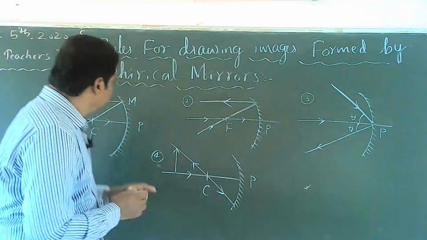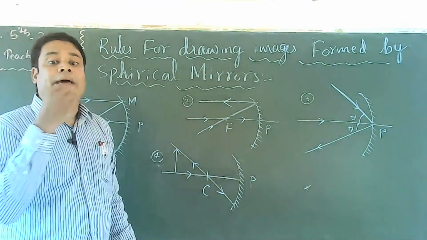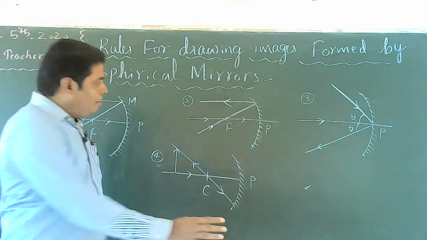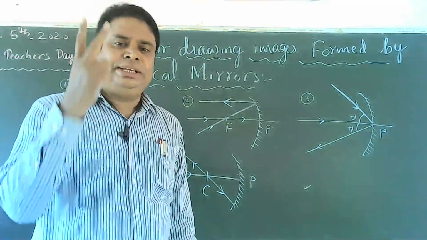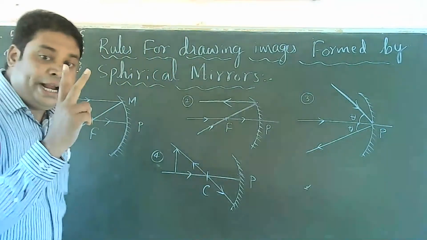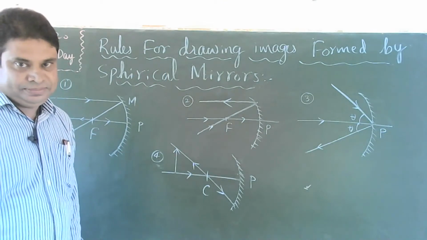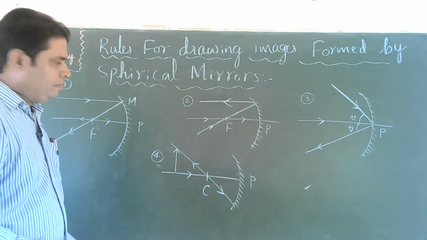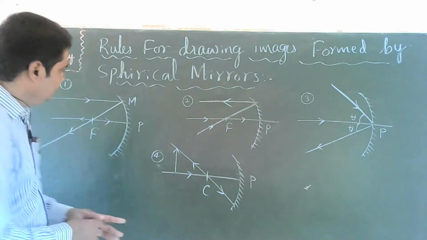But remember, these are 4 rays to be considered while constructing an image of an object. Among these 4, a minimum of 2 is required. We need any 2 rays to construct an image. Maybe 3 also. It can be 3, it can be 2.